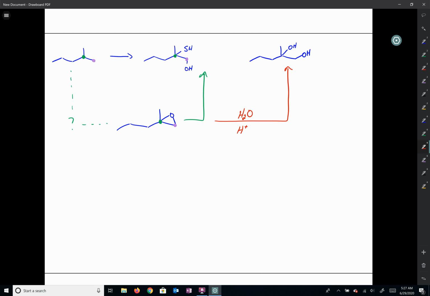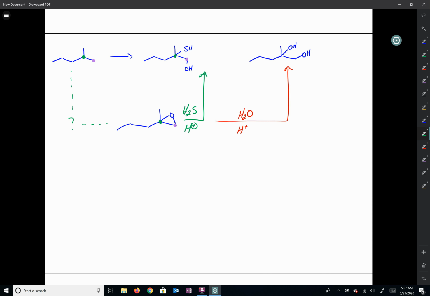Now, if you guys rewind, I would say, well, okay, if we're trying to add a sulfur, usually it works the same way as with oxygen. Then instead of H2O, we could just add H2S and some kind of acid. You guys catch that? What's the difference?